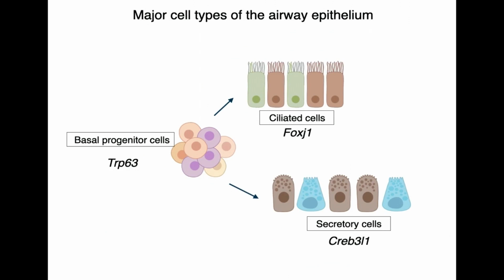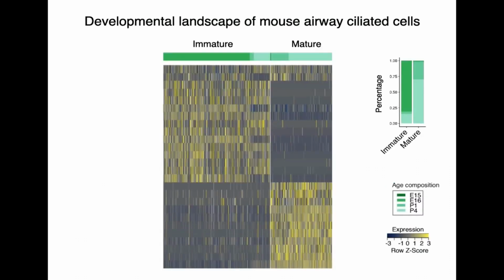So as I mentioned before, the ciliary cells are primarily differentiated from the progenitor cells. And we can identify these cells using immunofluorescence staining or gene expression profiling based on the expression of transcription factor FOXJ1. So if we look into our data set, when we combine the embryonic ciliary cells and the mature ciliary cells, all of the cells would express FOXJ1, and that's how we identify the cells.